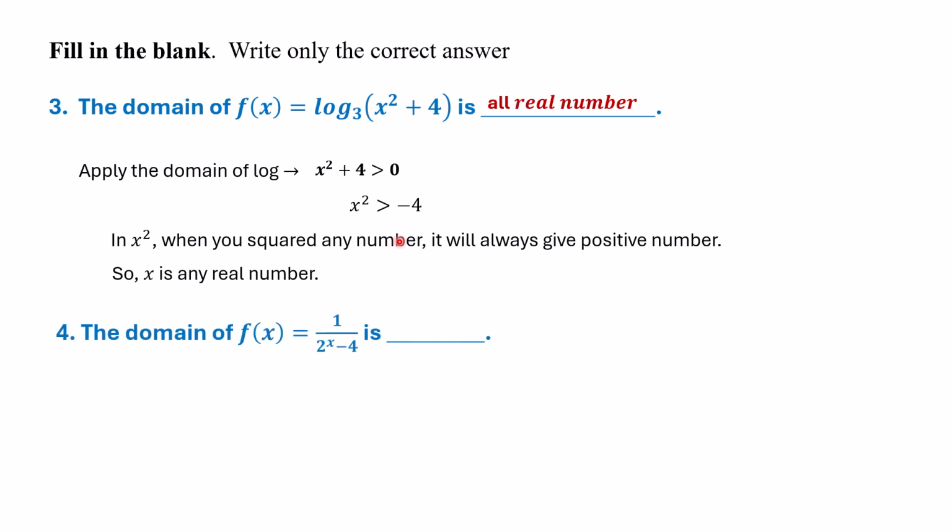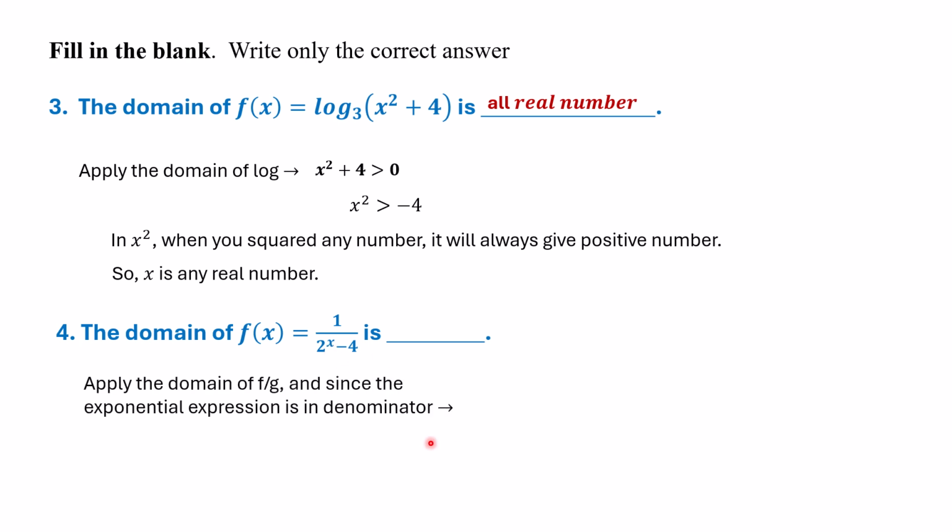And for the next question, the domain of the function 1 over 2 to the x minus 4 is. In finding the domain, we apply the domain of f over g since this is a fraction. Since this exponential expression is in the denominator, it must not be equal to 0. So we set 2 to the x minus 4 not equal to 0 and solve for x.